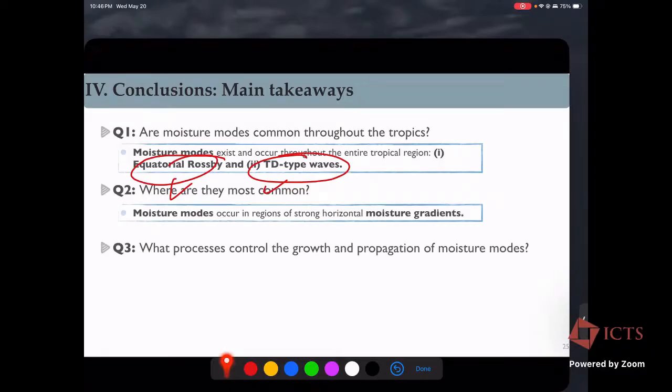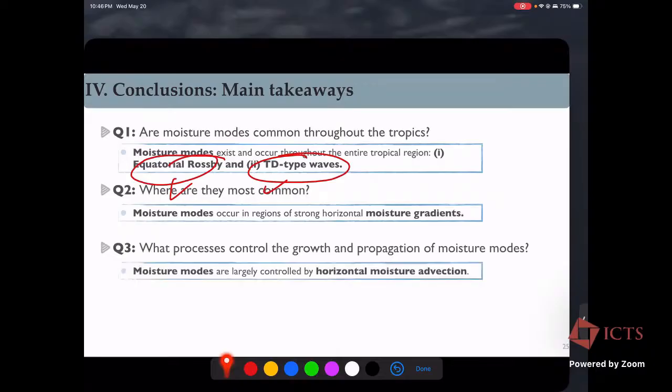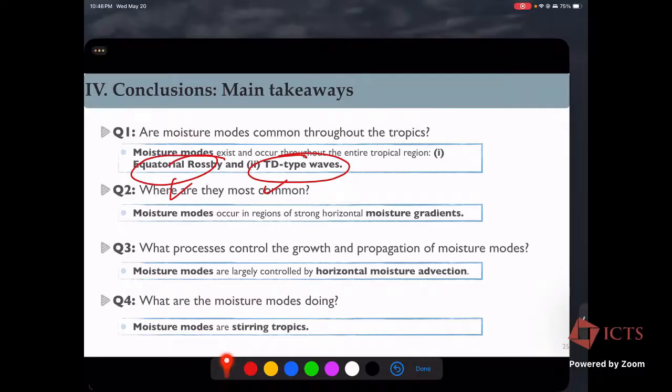We also demonstrated that the process that really controls the growth and propagation of these moisture modes is the horizontal moisture advection. This is an important characteristic of these disturbances. And finally, we can say what the moisture modes are doing. We can say that moisture modes are basically stirring the tropics.